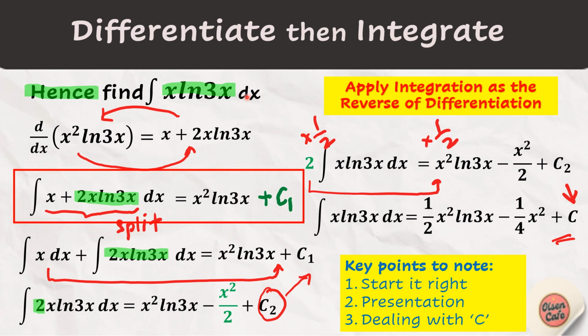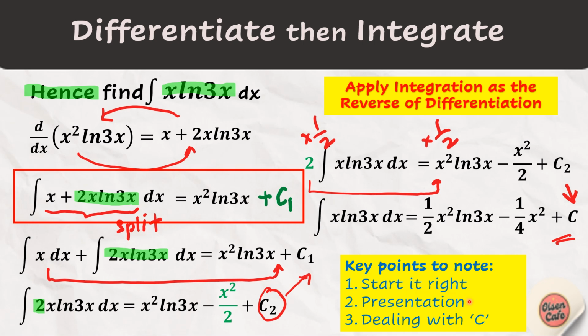Never start from what the question wants you to find, but instead start from what you have. Because you are using integration as the reverse of differentiation, when I integrate the right hand side expression, I should get back the original expression. So you must start it right, and after which, when you simplify, it is a lot easier.